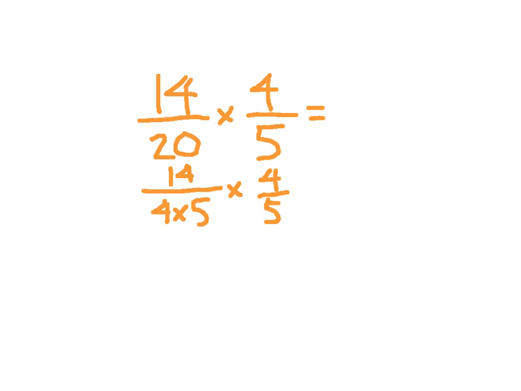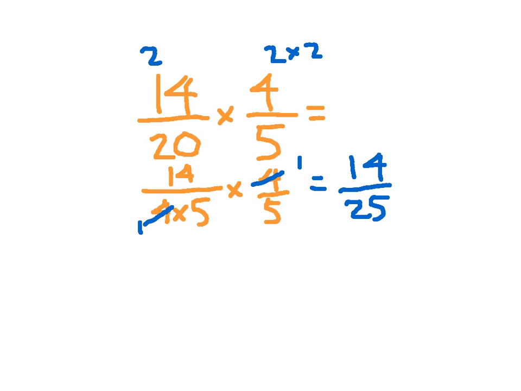At that point, I can use my common factors approach when multiplying. 4 and 4 become 1 and 1, 14 times 1 being 14, and 5 times 5 being 25. Here I skipped some steps: I did not write out 2 times 2, I did not write out 2 times 7, and I did not write out 2 times 2 times 5.